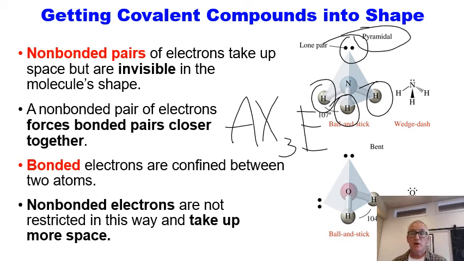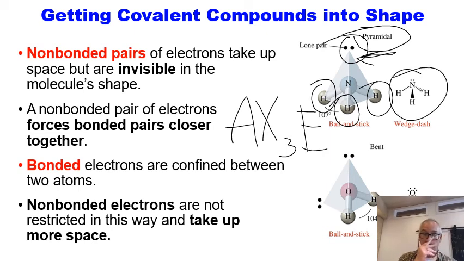But when you actually look at the shape itself, we don't see the top of the pyramid. We just see that it's bent. We just see that the hydrogens are bent down a little bit. So when we draw this out, it looks like that.